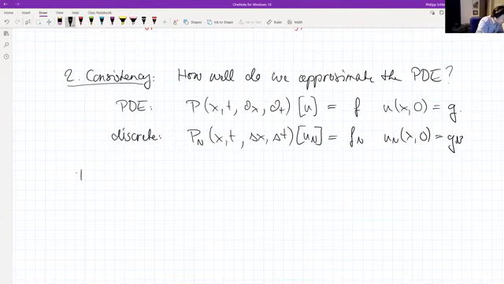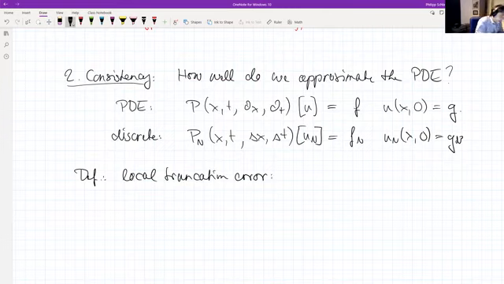And this we do with the help of a local truncation error. I guess you remember the word truncation error that I mentioned before for finite difference schemes. That's exactly the same concept. The idea is what is the difference of my discrete operator compared to the continuous operator. So the difference between P and Pn. And that's exactly what truncation error is about.